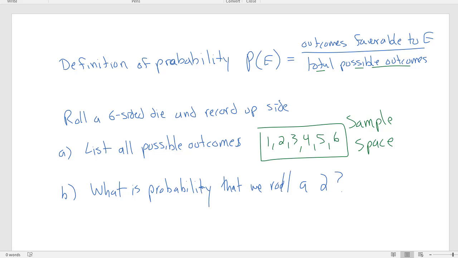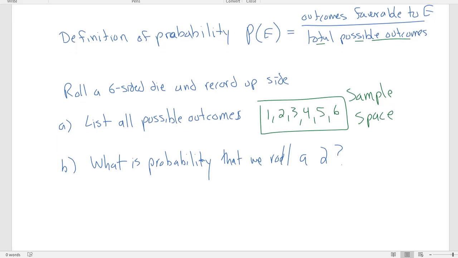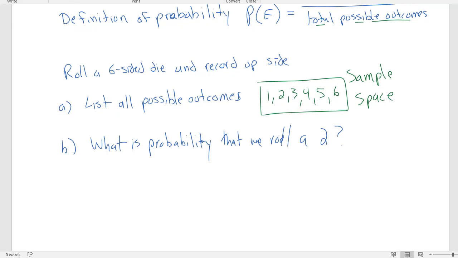Here, E is the event that I roll a 2. We can see in our sample space there are 6 possible outcomes, and that's our denominator. How many ways are there to roll a 2? Well, there's only one way. So there's 1 out of 6 as our probability for that particular event.